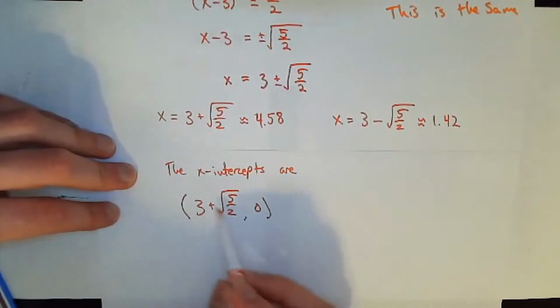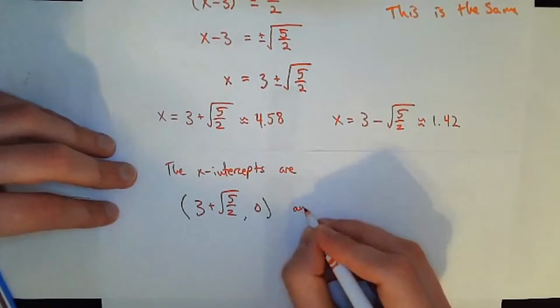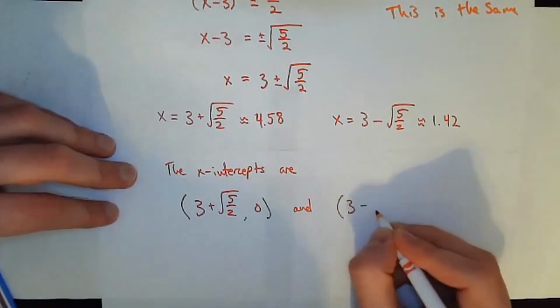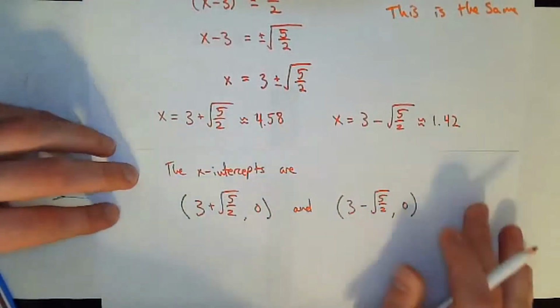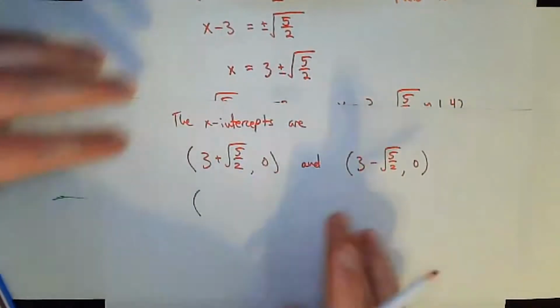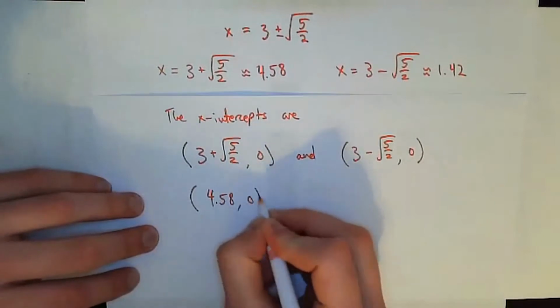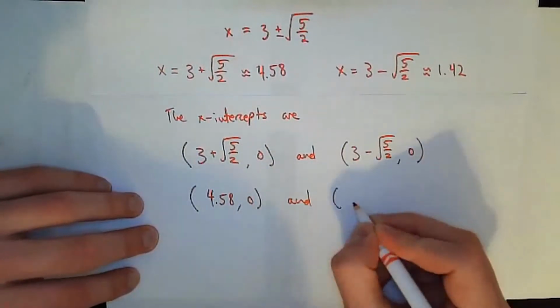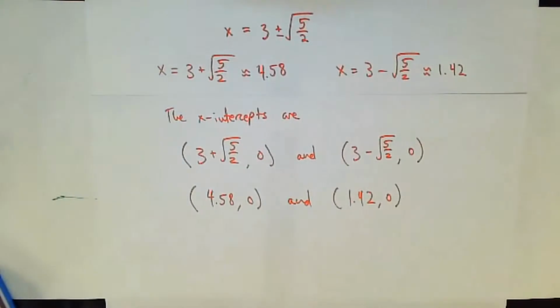X value is crazy looking, but there it is, comma y value of 0, because that's what I set it as at the top. And 3 minus square root of 5 over 2, comma 0. Or approximately, if you like the approximate answer better, 4.58, comma 0, and 1.42, comma 0. Where are those on the graph?